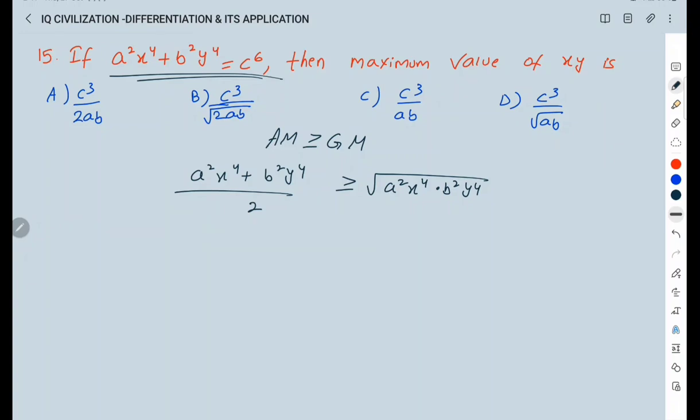Since a square x power 4 plus b square y power 4 is already given as c power 6, c power 6 by 2 is greater than or equal to ab x square y square. You know how we wrote this. Taking square root, this is nothing but c cube by root over 2ab is greater than or equal to xy.